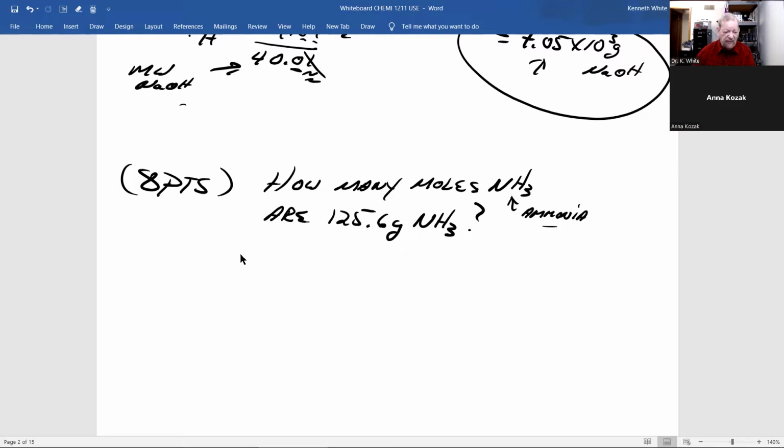And we're going to do this stepwise. It's called, in teaching, fading prompts. First thing I'd ask you to do is find out what you are being asked to find and what you are given. Let's do this stepwise.